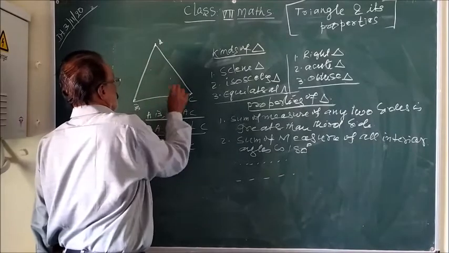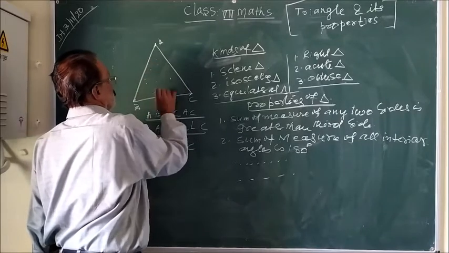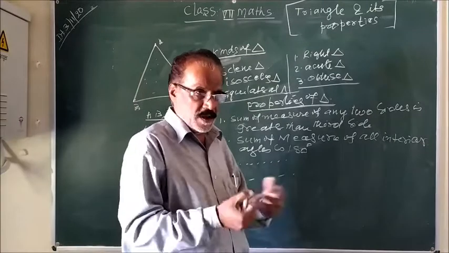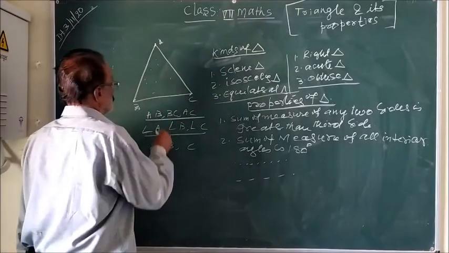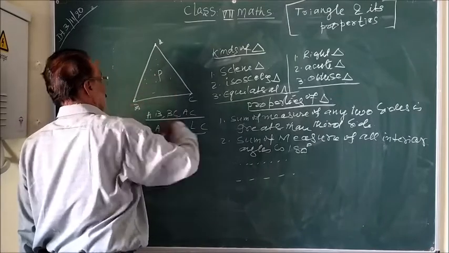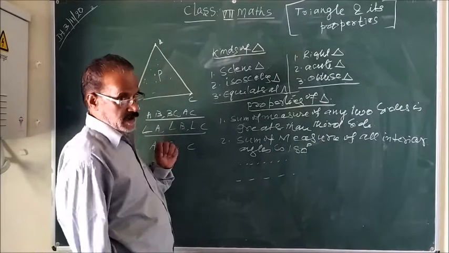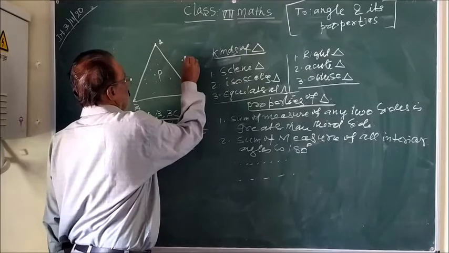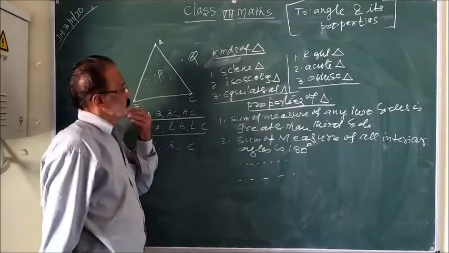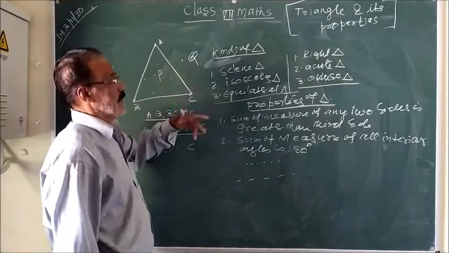And this is called the interior region. Interior, you understand? Interior means inside, exterior means outside. Suppose we take a point P, then P is in the interior region. Or if you take another point Q, it is very clear that Q is in the exterior region.